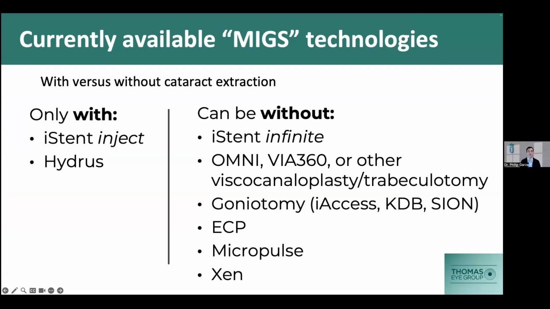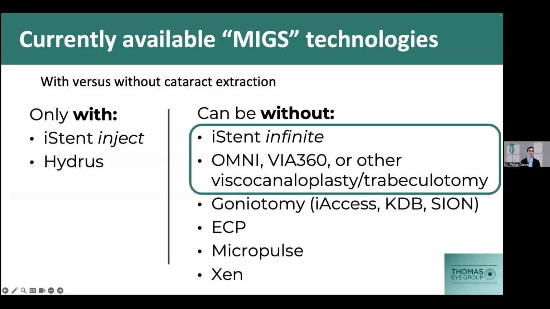You can see that really all of our techniques are approved for concurrent phaco, for iStent inject and Hydrus, but notably iStent Infinite can be used outside of concurrent phacoemulsification. We will spend a significant amount of time talking about these devices in the box here.